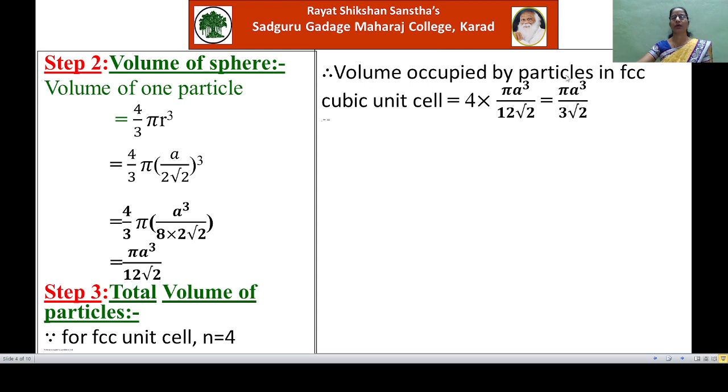Therefore, the volume occupied by 4 particles in this cubic unit cell will become equal to pi a cube divided by 3 root 2.